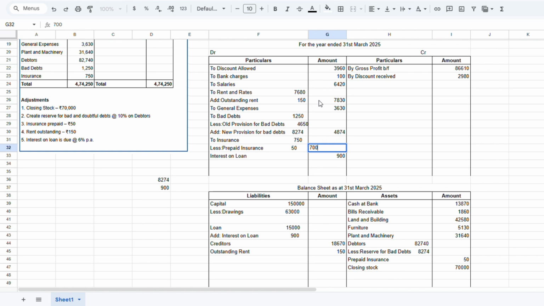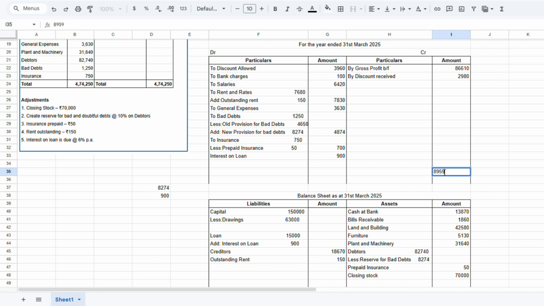And the total is 89,590. So credit side is more, that is 89,590.